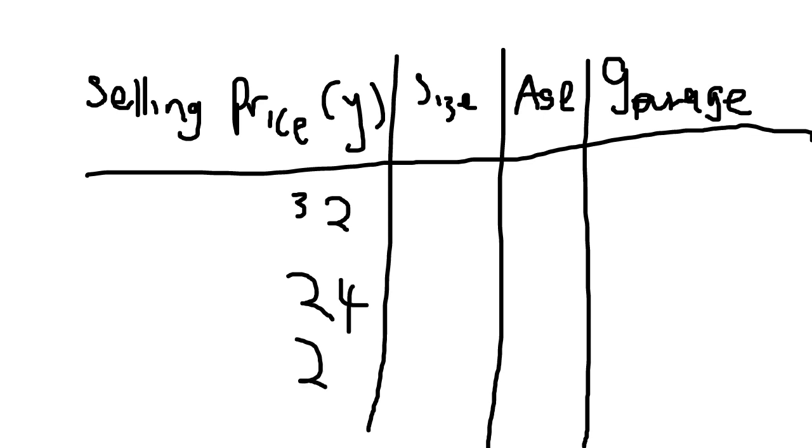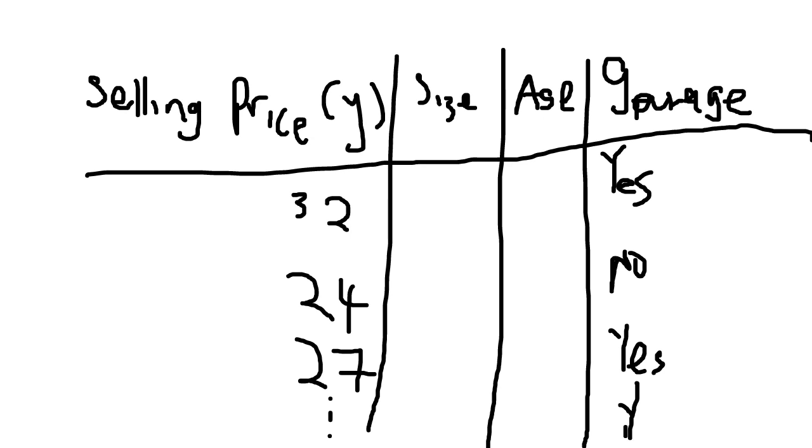Let's go to the size, and so on. Now, let me say yes. Let me say no. Let me say yes. Let me say yes. And so forth. So this one is 1.8, 1.7. This is your data set, and so on.